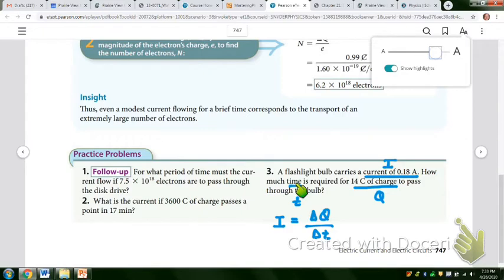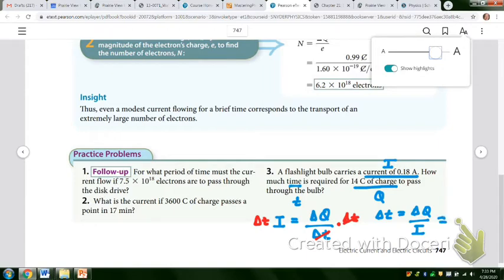If you want to know time, that means you need to solve for t. To solve for t, I would multiply both sides times delta t. And then to get that t by itself, I would divide by I. So if I do that, I end up with t equaling delta q over I. In other words, I need to find time, so I take the amount of charge, Q, and divide it by I, the amount of current.